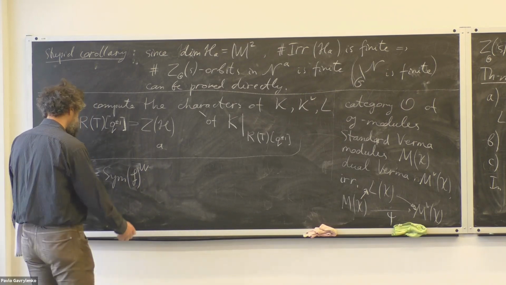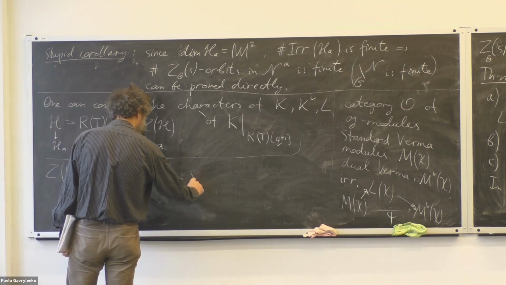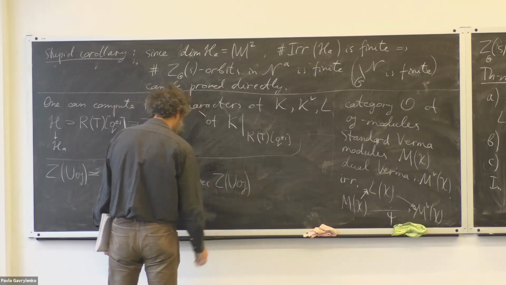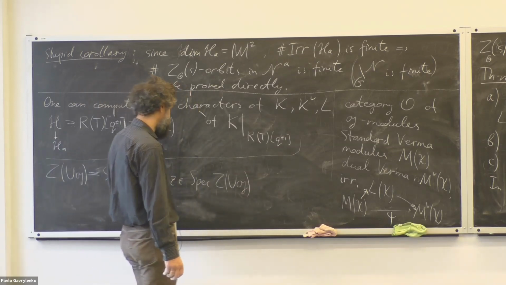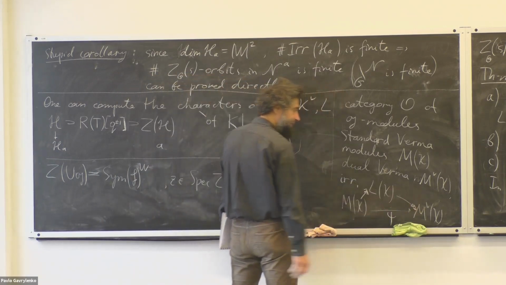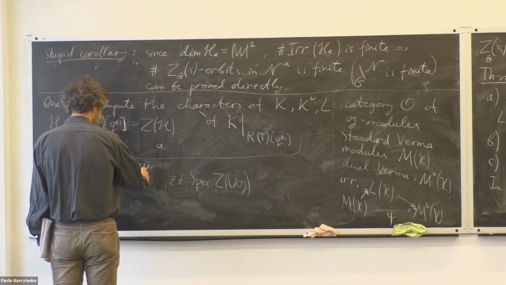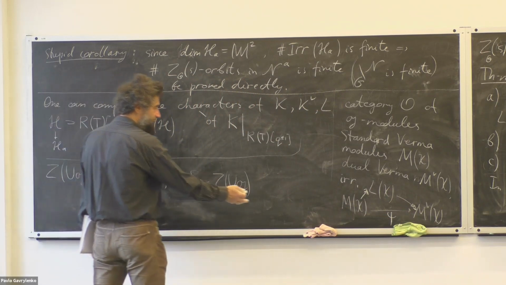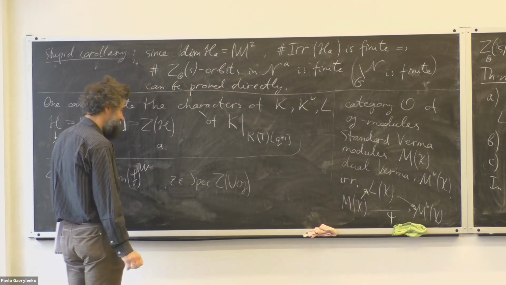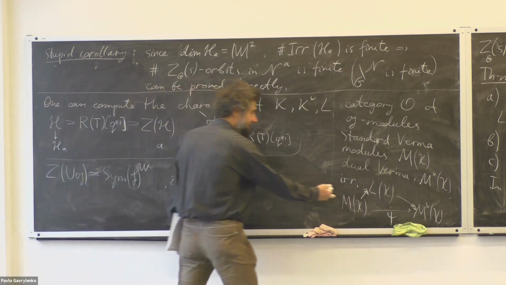Now we take again some point Z in the spectrum of the center. If we fix it, then any irreducible or Verma module has some particular fixed central character, but though it says a lot about its actual character, it does not say everything.